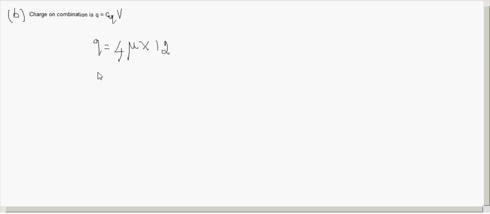So this will be 4 multiplied by 12, 48 microcoulomb.